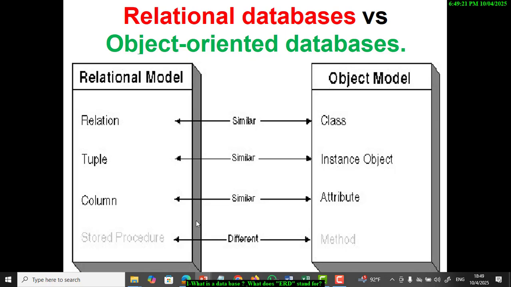Object-oriented databases versus relational databases. So here we have the relation, which is similar to a class in the object model. A tuple is similar to an instance object. A column is similar to an attribute.